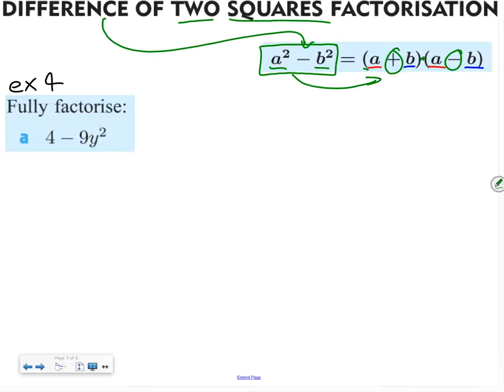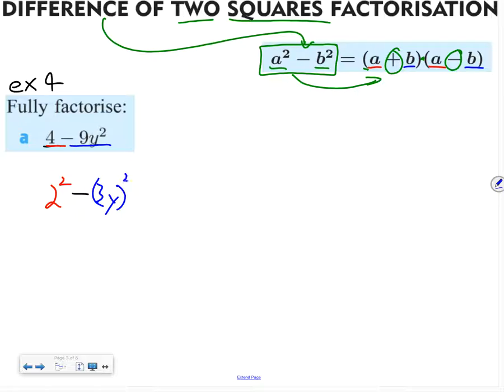In order to do so, I'm going to take the square root of both terms, or ask myself what times what is 4? Well, that is 2 squared. Now, what times what is negative 9y squared? I'm going to leave the negative sign, I'm not going to worry about that. I know it's the difference, but I'm going to take the square root of 9y squared, which is going to be 3y.